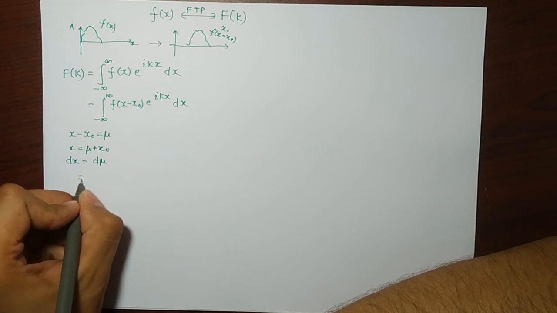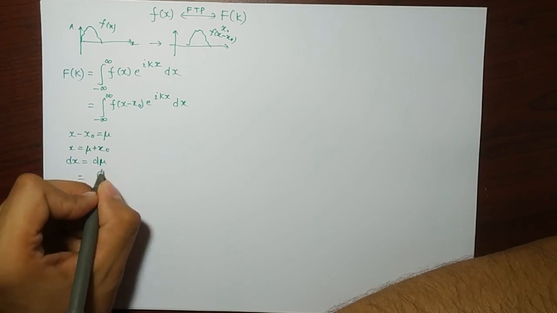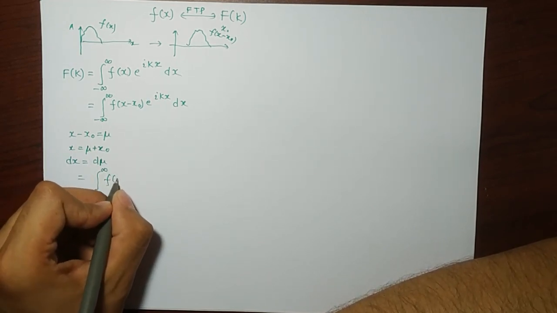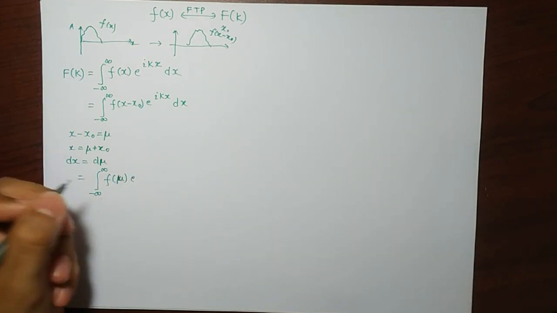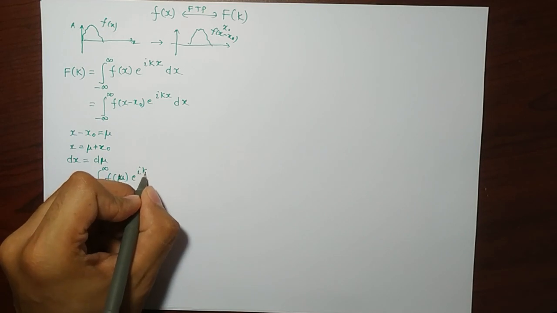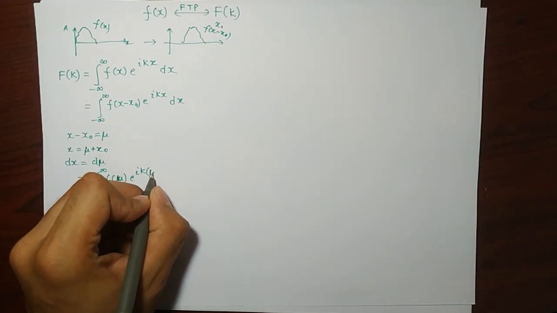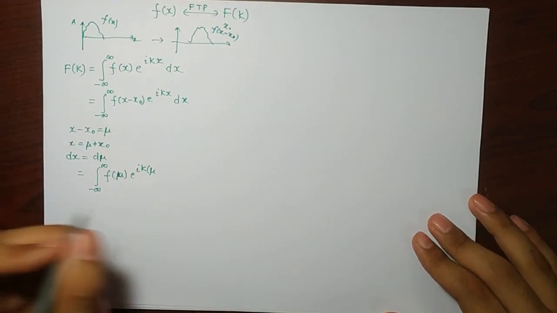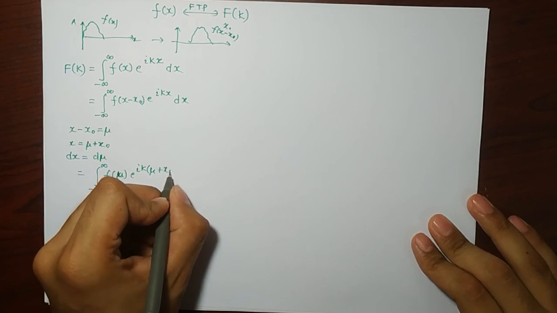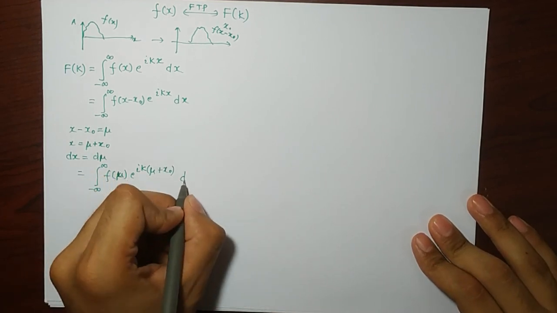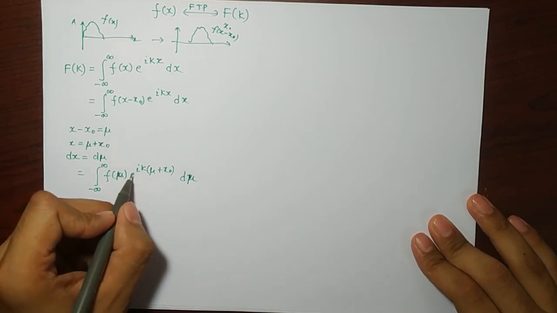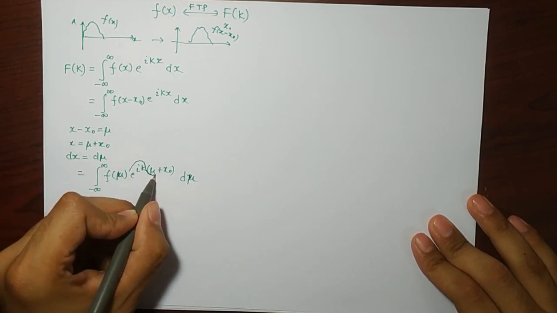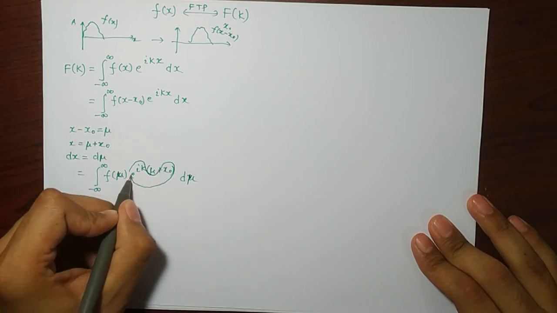Replacing these here, what I'll get is the integral from minus infinity to plus infinity of f of mu e to the power i k times mu plus x naught, d mu, sorry. So I can remove this factor from the integral.